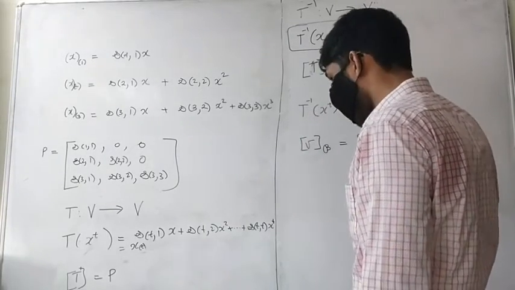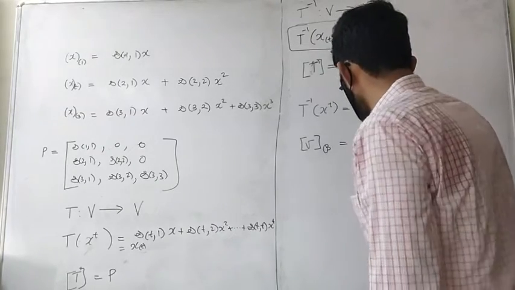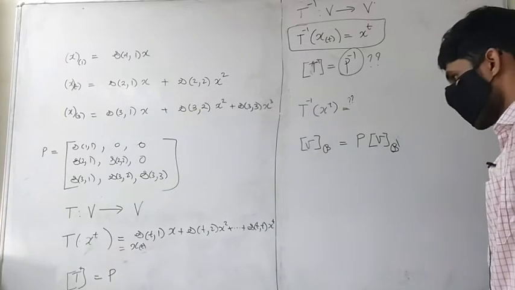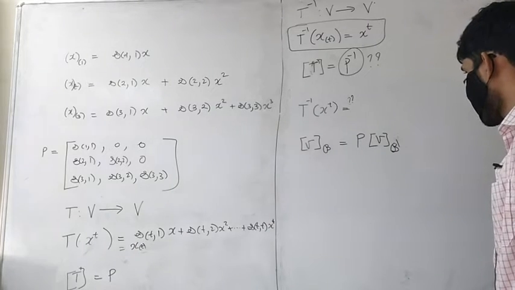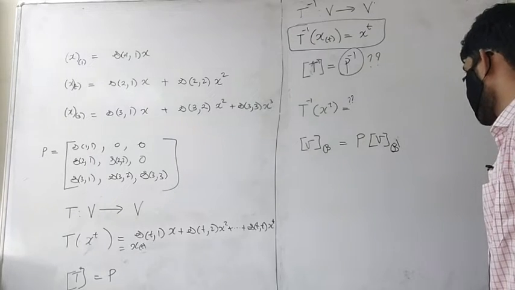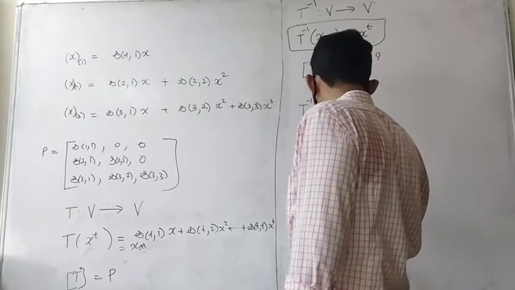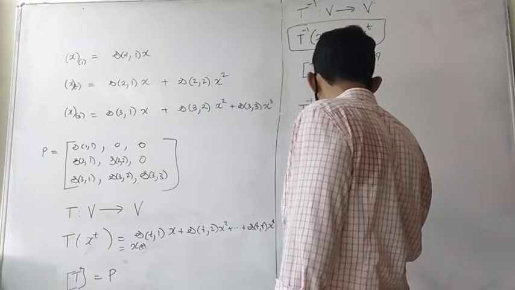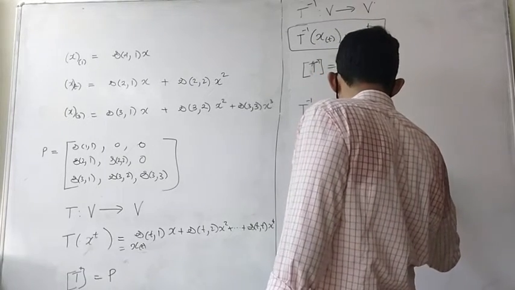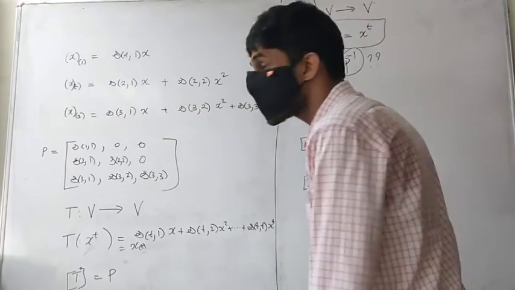Let me see. I think I am making a little bit of a mess up here. To get this, if you want to go to the other representation, then it's nothing but P inverse V B. I am interested in how to catch hold of this.